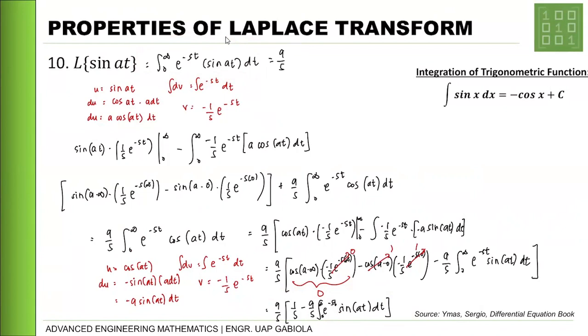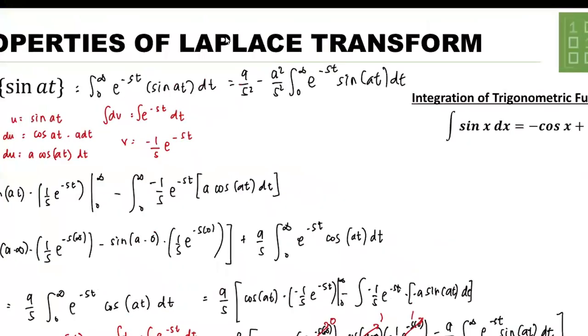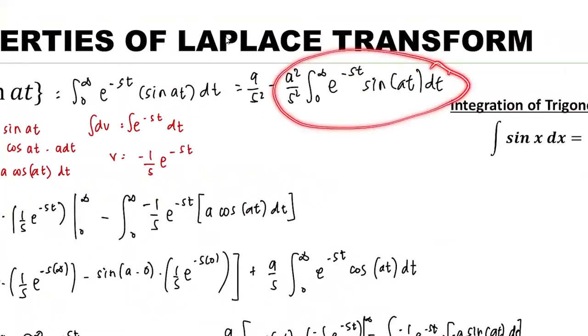So this will be a times s squared minus a squared over s squared of the integral of 0 to infinity e negative st sine at dt. Okay? So we can transpose this to combine the two like terms.